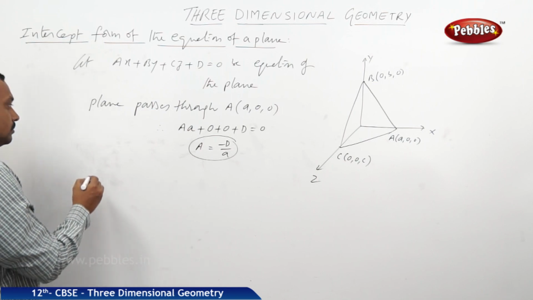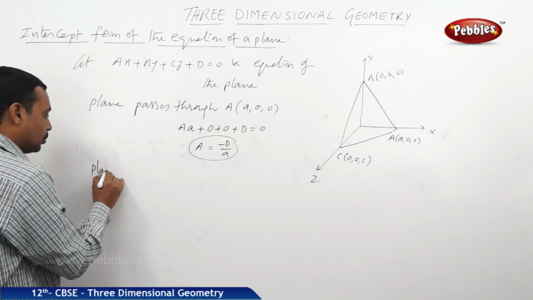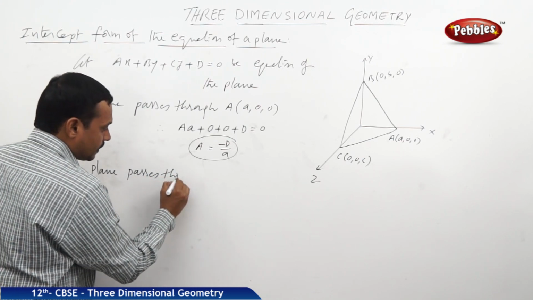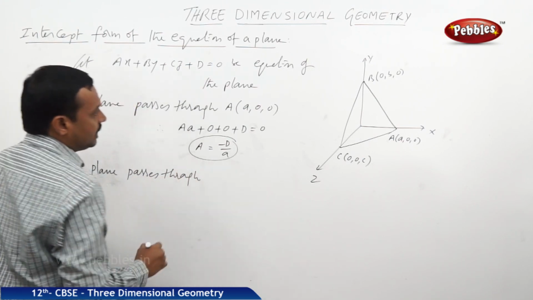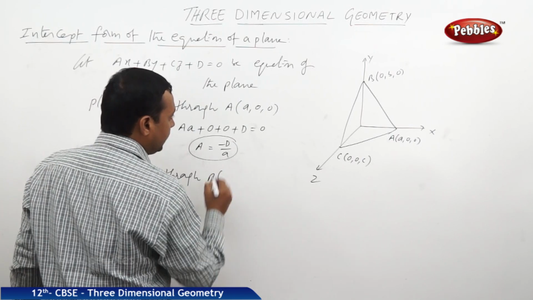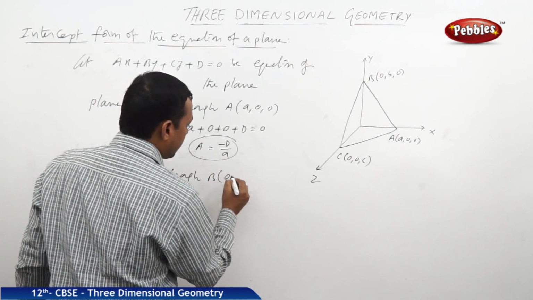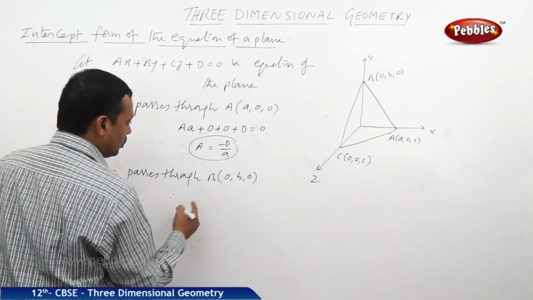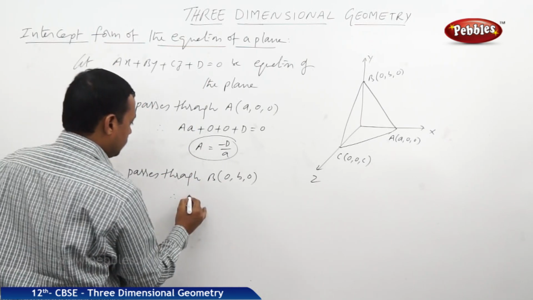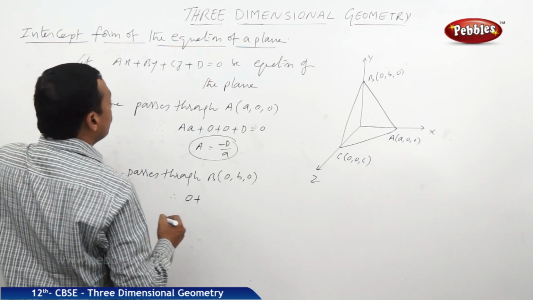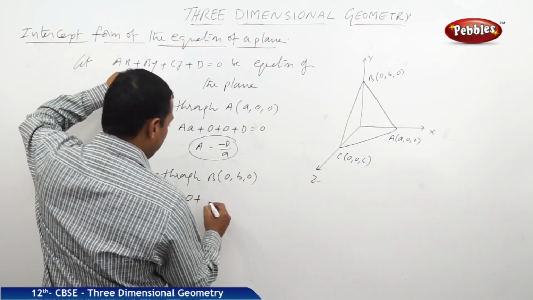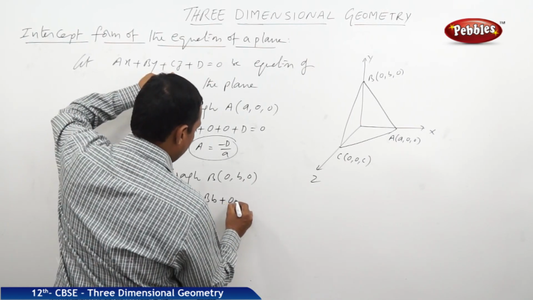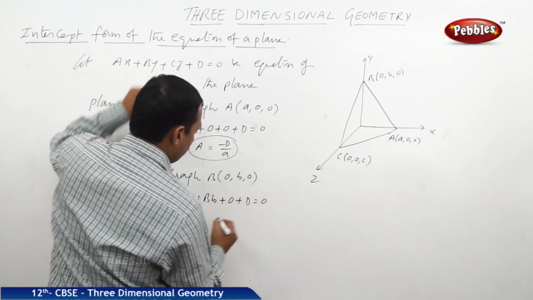Similarly, the plane passes through the point whose coordinates are (0, b, 0). Therefore, A into 0 plus B into b plus C into 0 plus D is equal to 0.